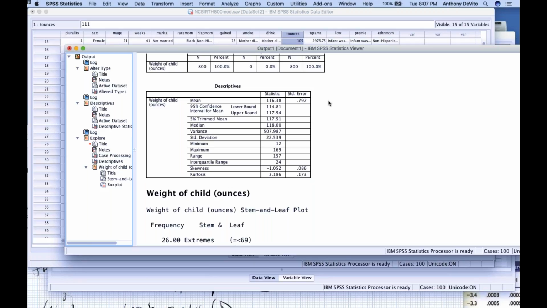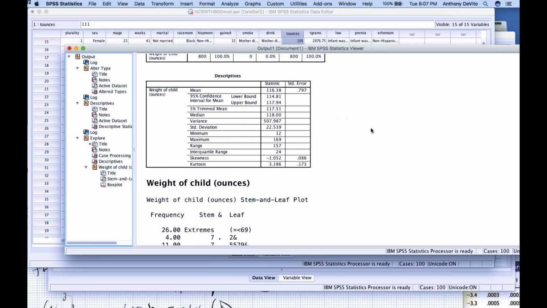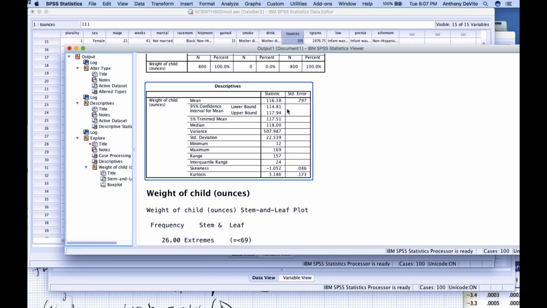It has an infinite t-table. If the sample size were infinite, it would use 1.96. But short of it being infinite, it's going to use the t-score instead of the z-score to calculate the confidence interval.